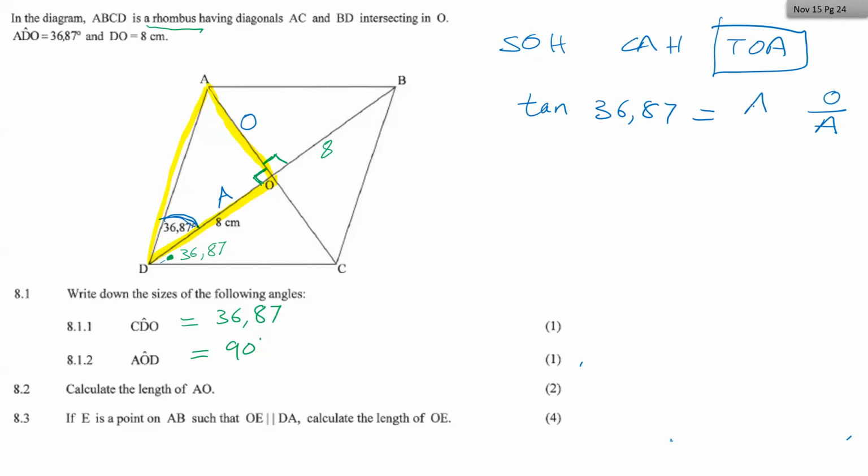The opposite side is AO. The adjacent side is 8. Now, from there, I can cross multiply, put that over 1. AO times 1 is AO. And we're going to get 8 times tan of 36.87.